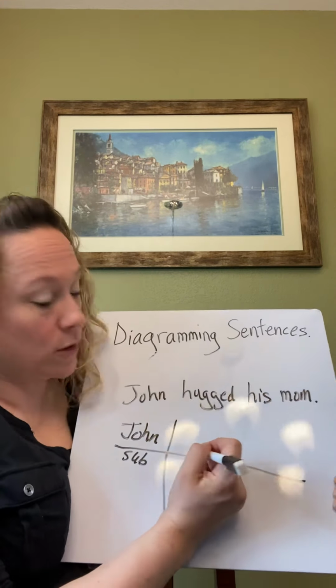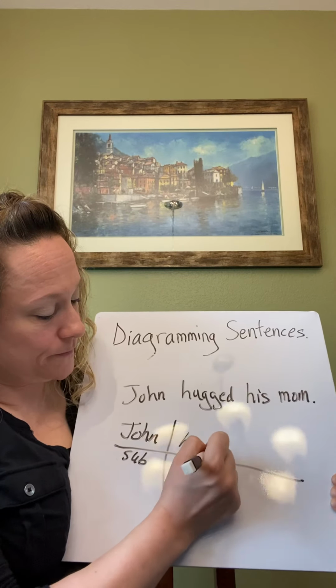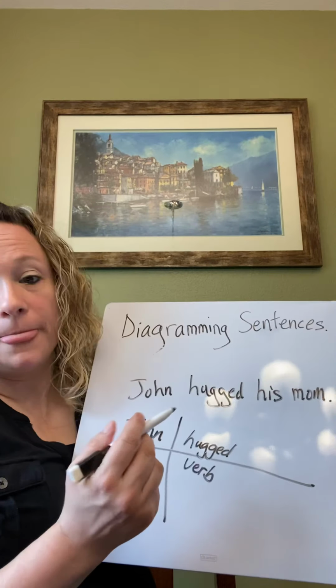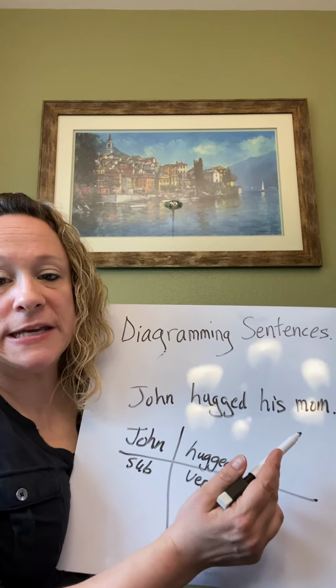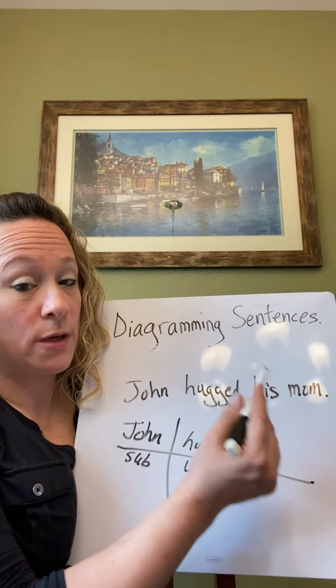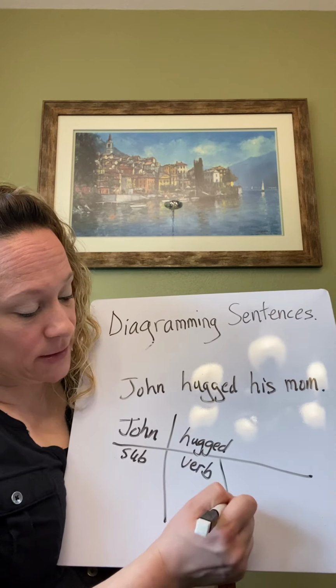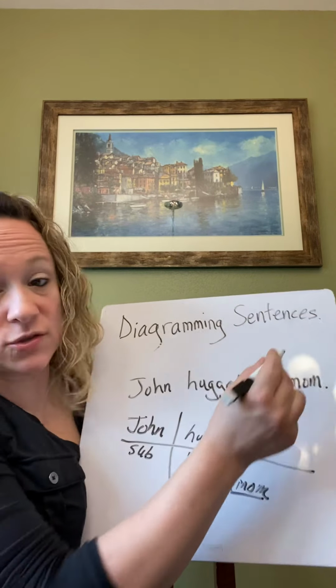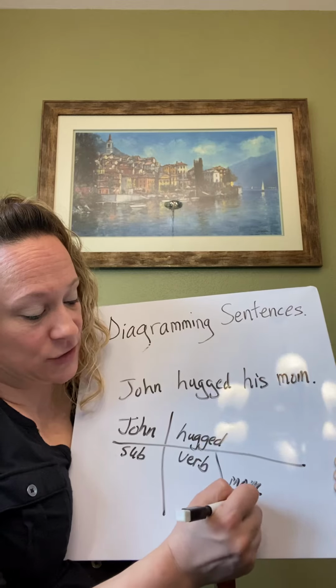Hugged is your action word. That's your verb. Okay, hugged what? Did he hug something? No. Hugged who is his mom. So we're going to go like this. Put mom here. And then his is describing mom, so that would be an adjective under here.